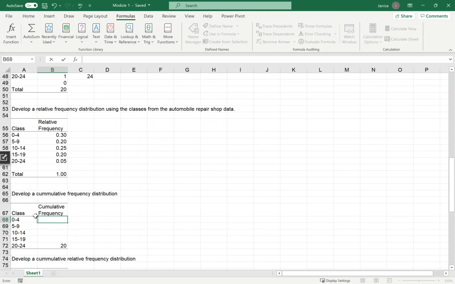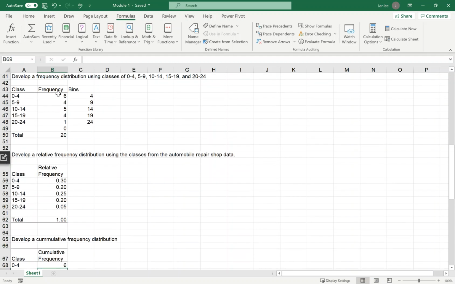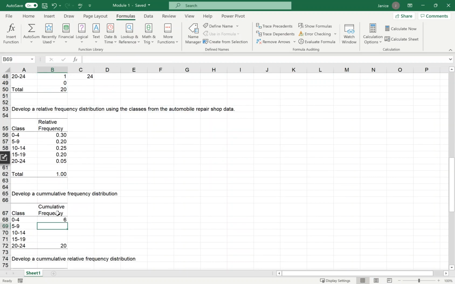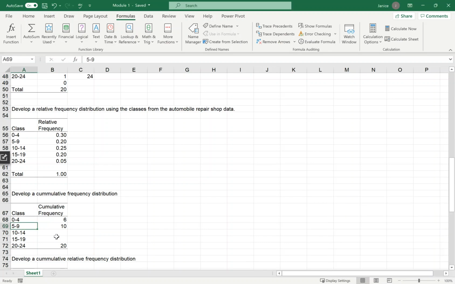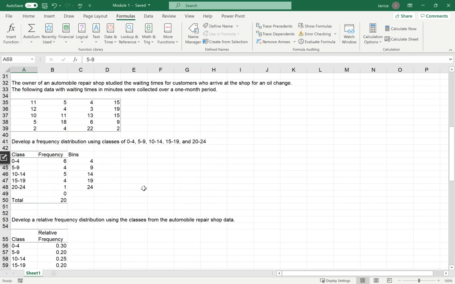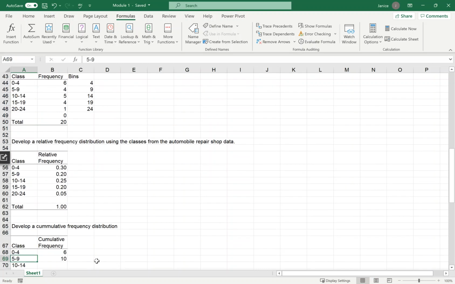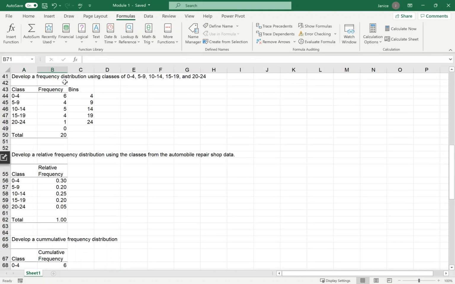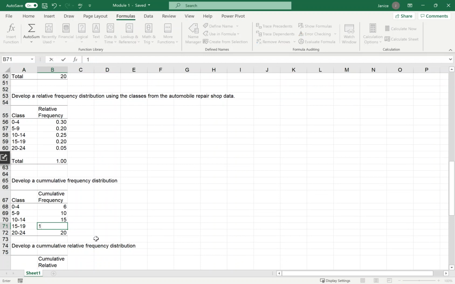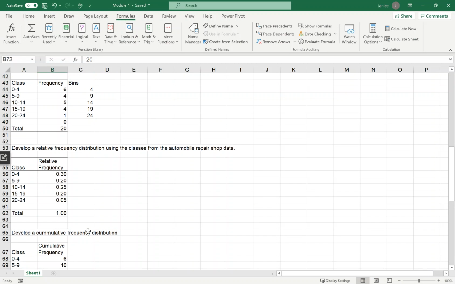So the first one is 6. Then the next one would be 6 plus 4 since it's cumulative. So we know that's 10. What we're saying here is that anyone who waited 9 minutes or less, so we have to add in that 6. The next number was 5. So we add 5 to the 10, we have 15. Then we have 4, which is 19. And then there was 1 in the last one, which we know we should be at 20.